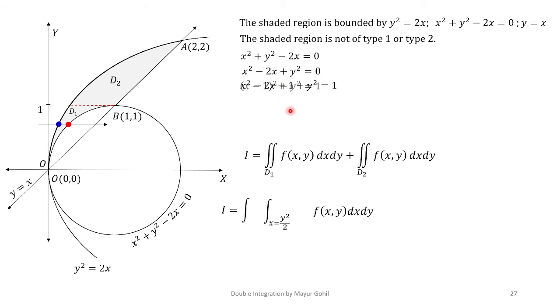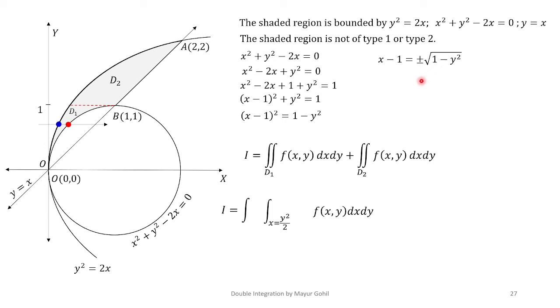Completion of the square lands us on (x minus 1) the whole square plus y square equals 1. And further when you simplify this, you will get x minus 1 equals plus minus square root of 1 minus y square.